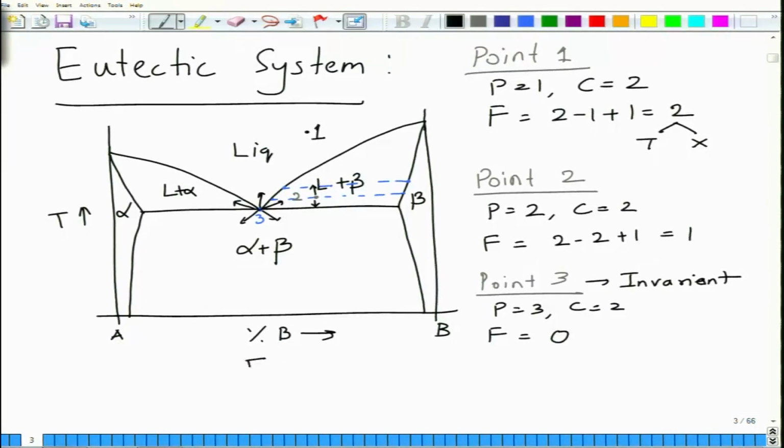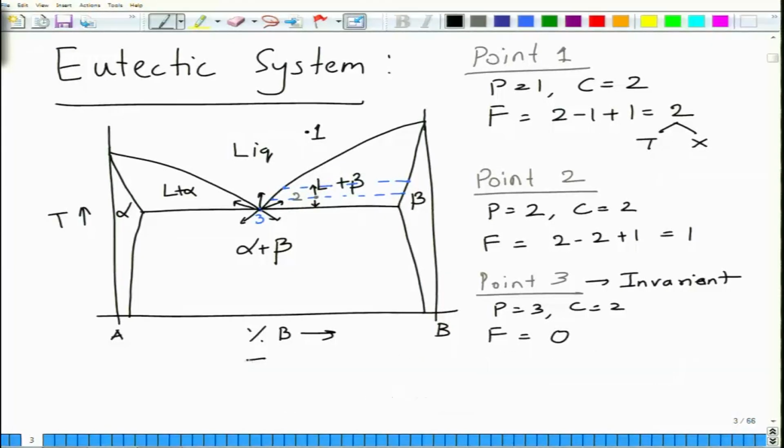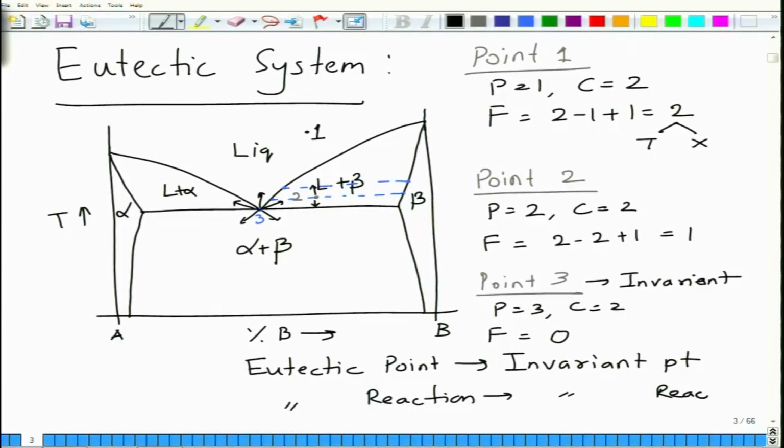So, eutectic point is called an invariant point, and eutectic reaction is called an invariant reaction. Okay.